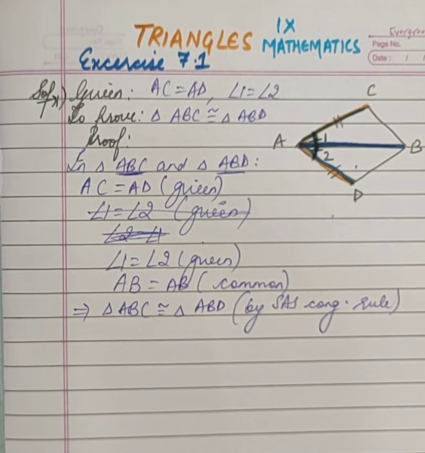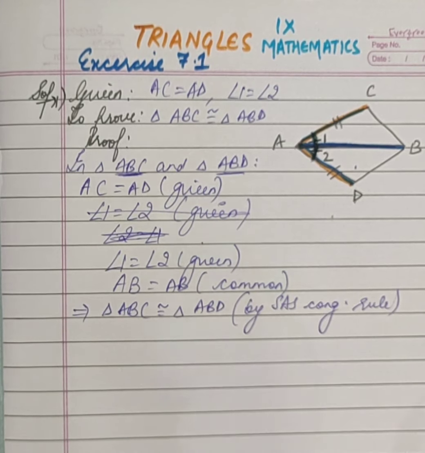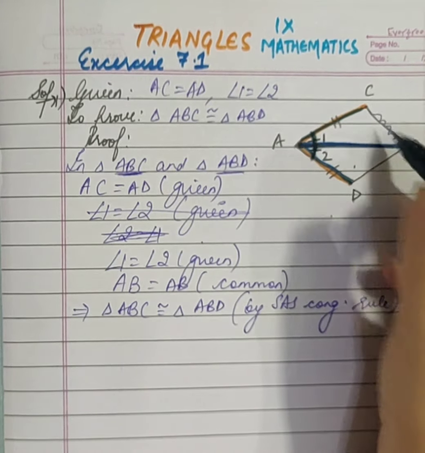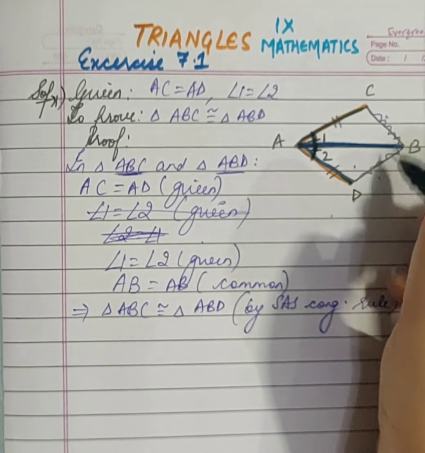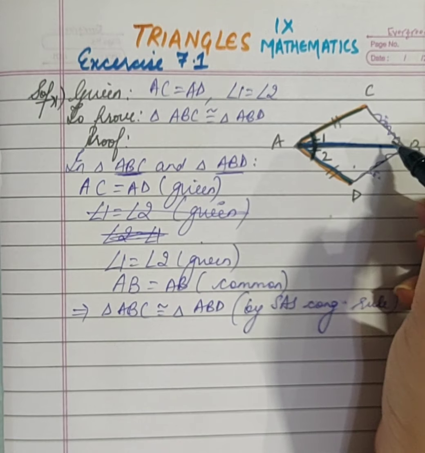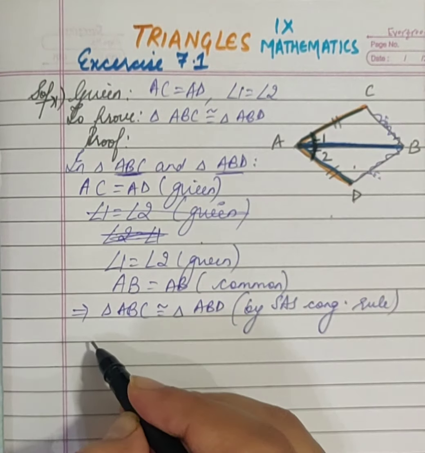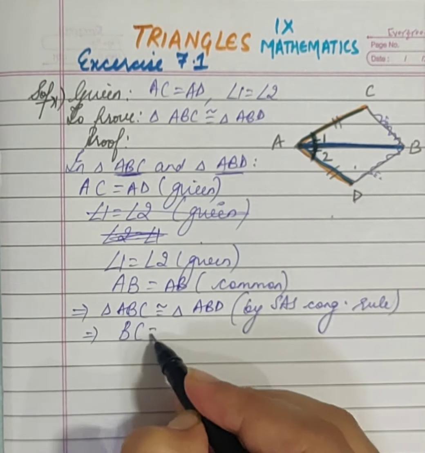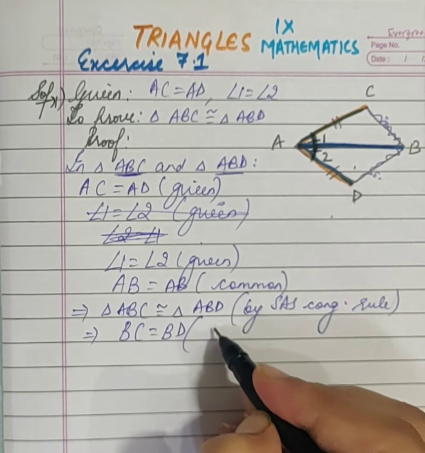Now in the question it is also given, what can you say about BC and BD? Of course this BC and BD would be equal because these are corresponding parts of congruent triangles. It implies BC is equal to BD. What is the reason?